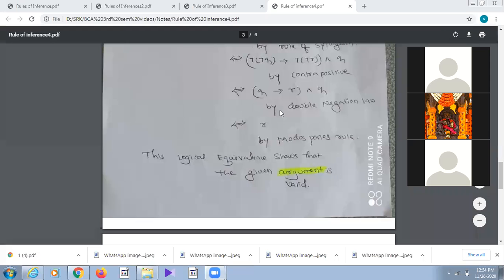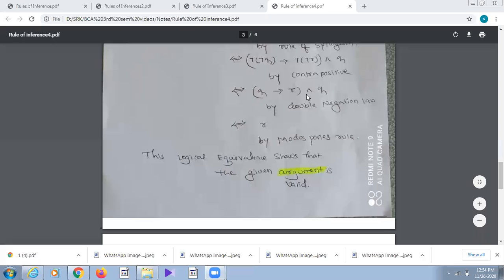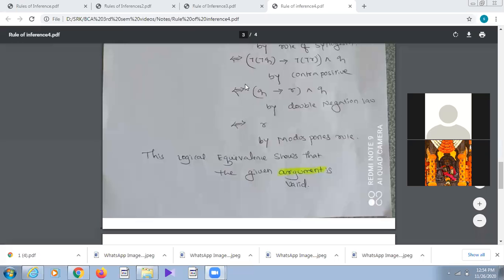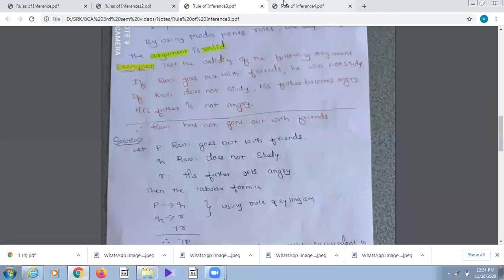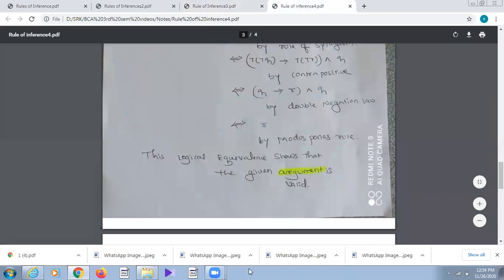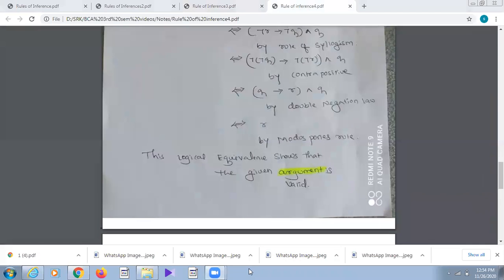Write it in the DMS notebook and practice these problems. See which rules are applied for particular problems. Tomorrow I will take a new concept.